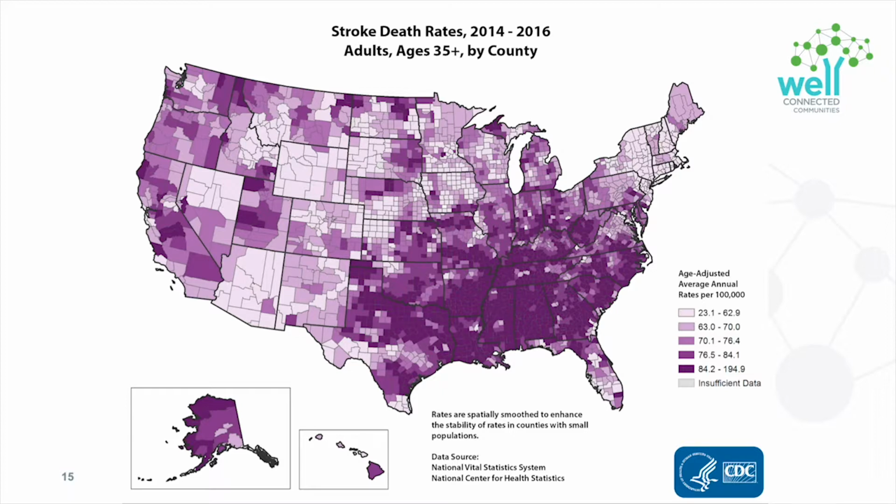Can you see a pattern or similarity between this map showing stroke death rates and the previous slide, which showed high blood pressure? There is a pattern of higher death rates in states with higher rates of high blood pressure. High blood pressure is a big deal.